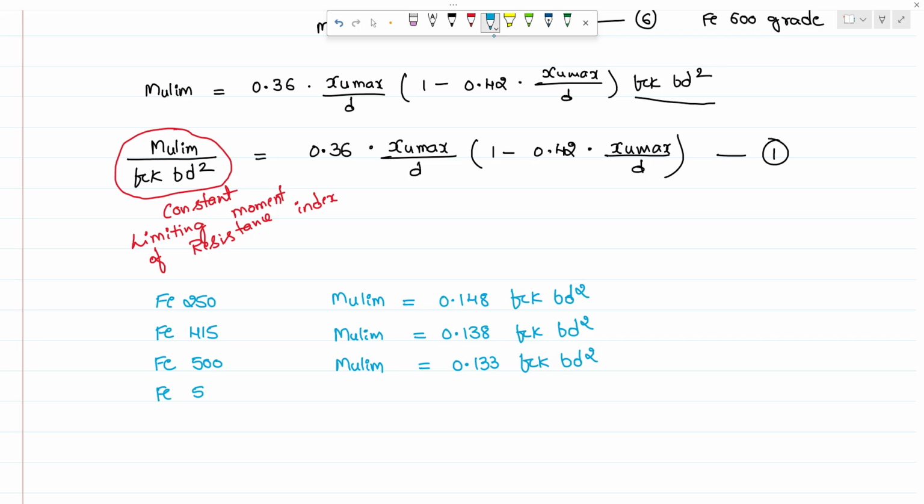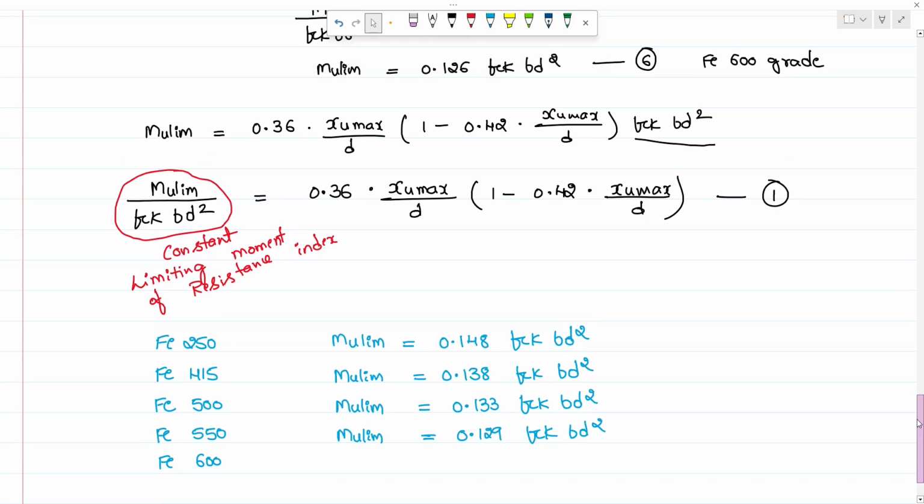For Fe 550, mu limit equals 0.129 FCK BD square. For Fe 600 grade, what is the value? 0.126.